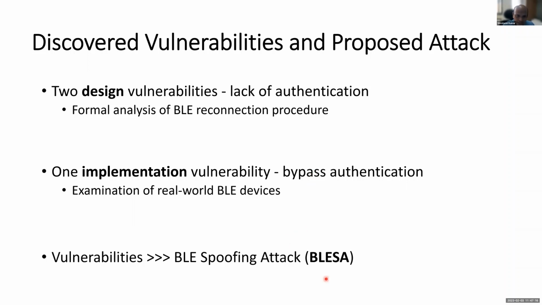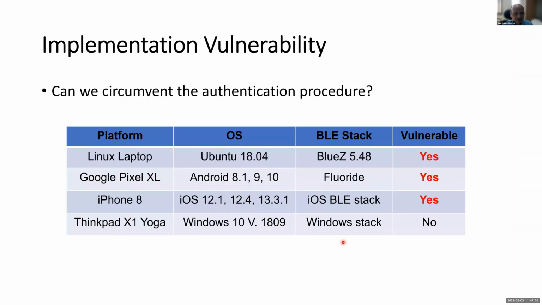Our attack, we named it Lisa, and I will give you a demonstration of it as well. But let me first tell you about the impact of it. We were able to find that implementation vulnerability in Linux devices running Ubuntu, where the Bluetooth stack was BlueZ. We were also able to find the same security vulnerability in Android and in iOS.